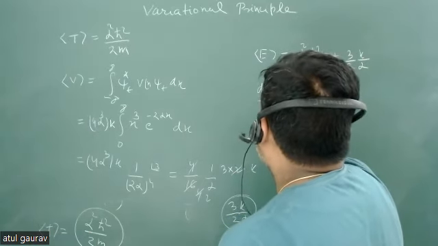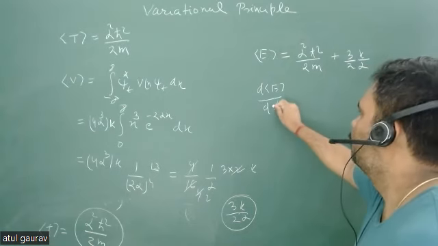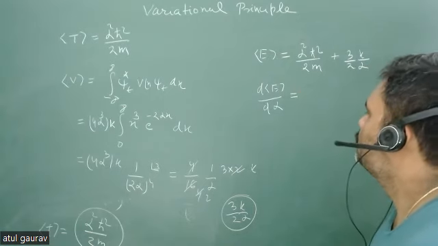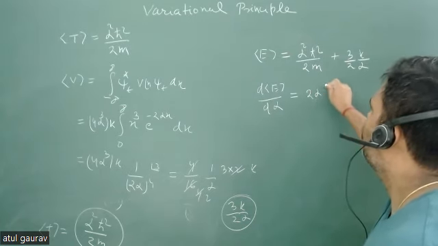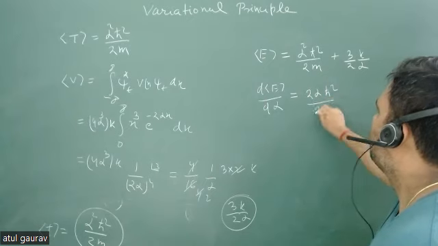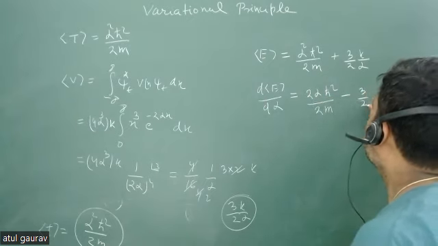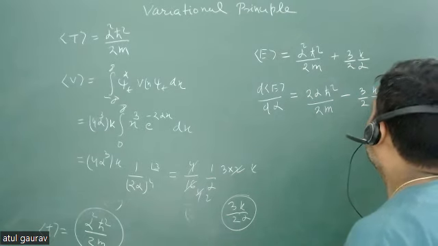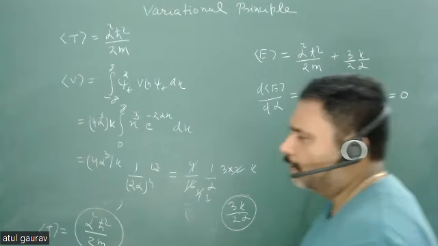Don't forget, with respect to what do we differentiate? With alpha. Okay. So this is your dE upon d alpha. So we have 2 alpha h cut square upon 2m minus 3 by 2 k upon alpha square is equal to 0.